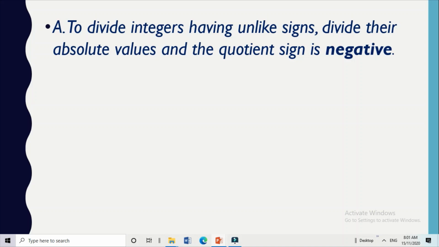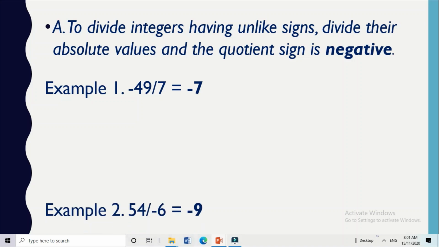And the quotient or the result will be negative. Okay, example number 1. Negative 49 divided by positive 7. So, get the quotient. 49 divided by 7, that is 7. So, since magkaiba yung kanilang sign, the result will be negative.